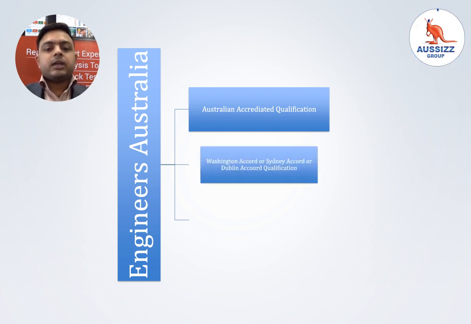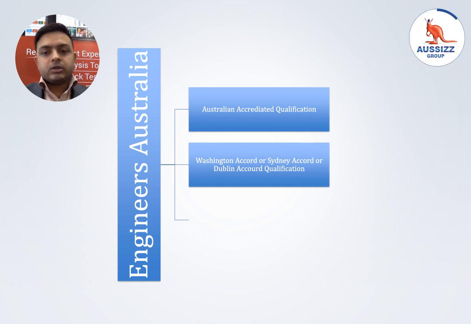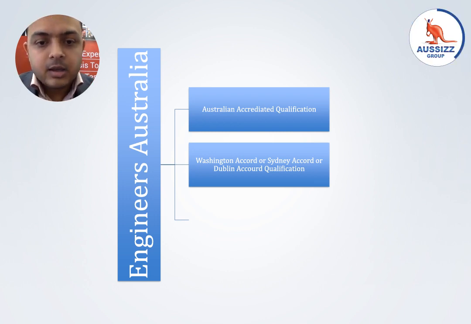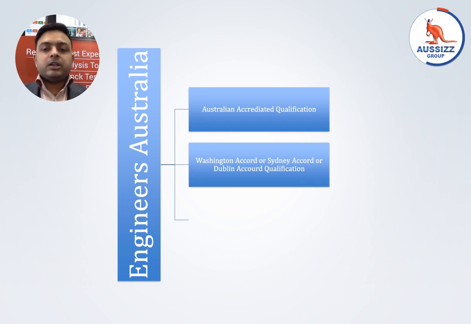The second pathway is Washington Accord, Sydney Accord or Dublin Accord qualifications. If your country is participating in any of these accords, and your qualification falls under that country's accredited qualifications, then you can also apply for skills assessment by simply providing your degree and your passport, and that would meet the requirement.